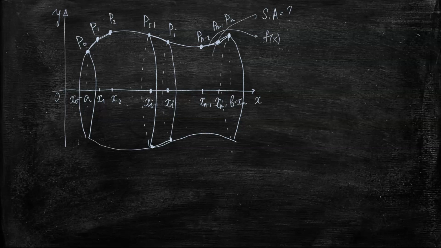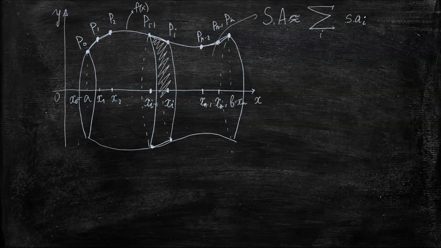So the total surface area can be approximated with the sum of these little surface areas of those frustums, right? So again, here's the frustum, and here's its area. So it goes all the way around like this.